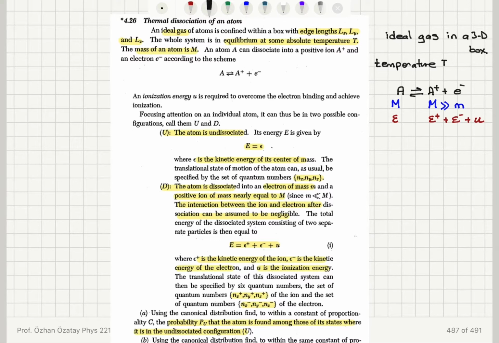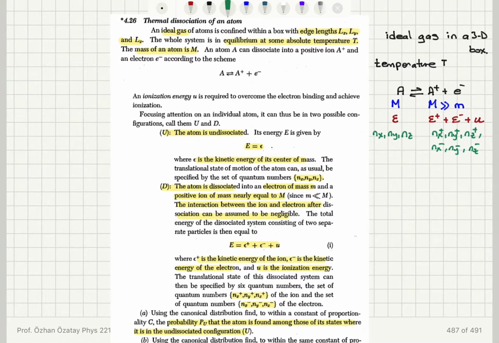I need three quantum numbers, n_x, n_y, n_z, in order to describe the undissociated atoms. But here I have n_x plus, n_y plus, n_z plus, n_x minus, n_y minus, and n_z minus, because I have to describe the kinetic energy of the center of mass of both electrons and the ions. So that pretty much summarizes everything.